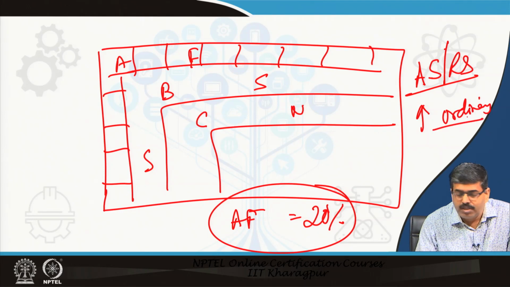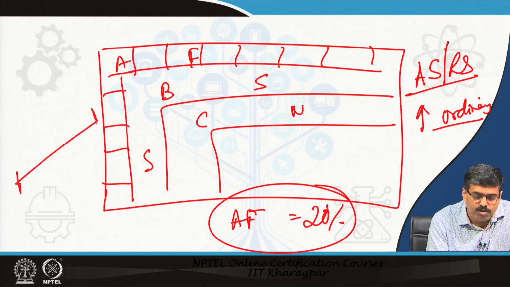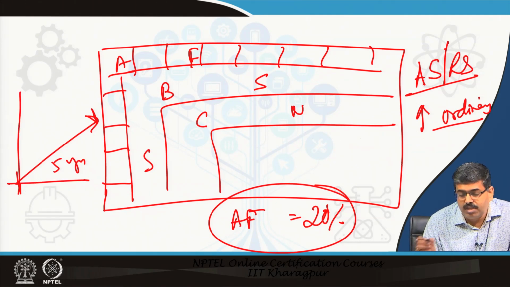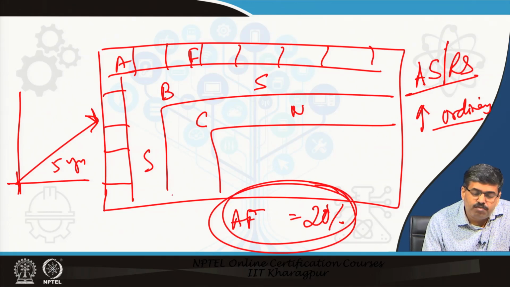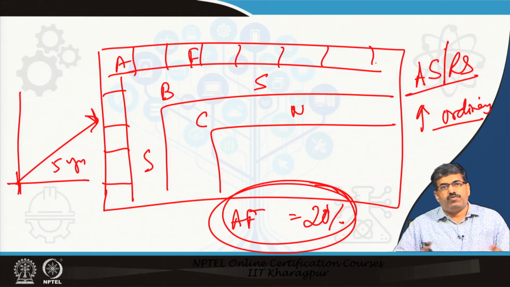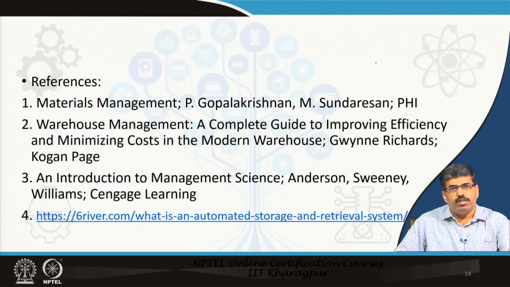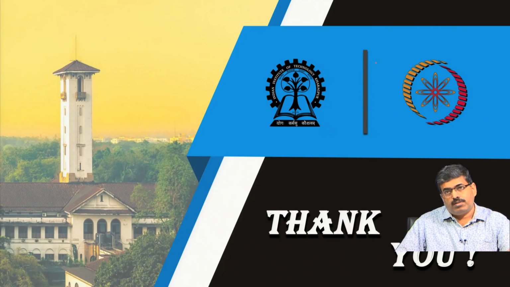If yes, then do a long term projection over the next 5 years and see which is benefiting you in the long term, ASRS or a normal system. If ASRS is benefiting, then reserve 20% of your warehouse space for ASRS. This is the way you find out how much portion of a warehouse you should devote to an ASRS system. These are the reference material. Okay. Thank you.